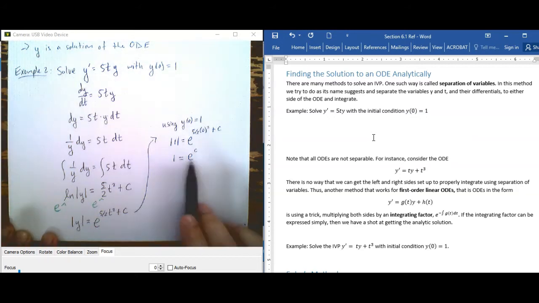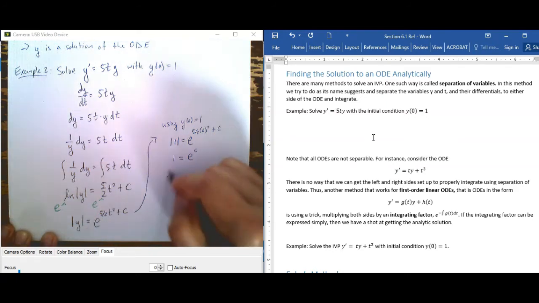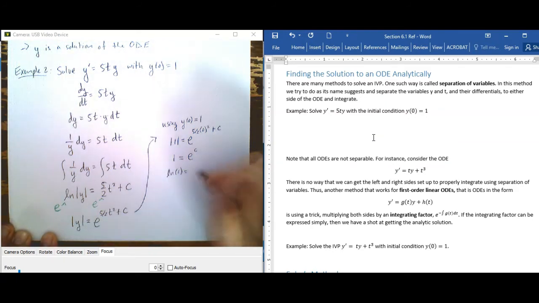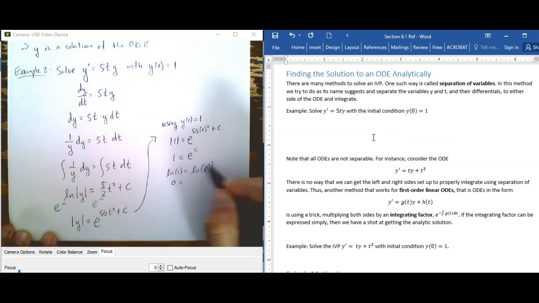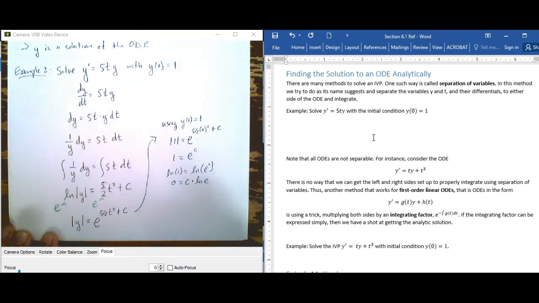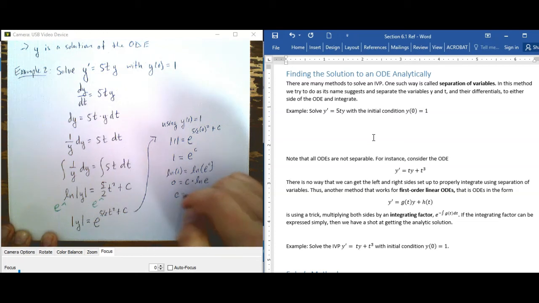Taking the natural log of both sides gives us 0. The natural log of e to the c is equivalent to c times the natural log of e, and the natural log of e is 1, so c is 0.